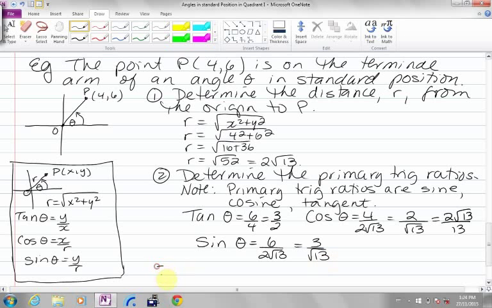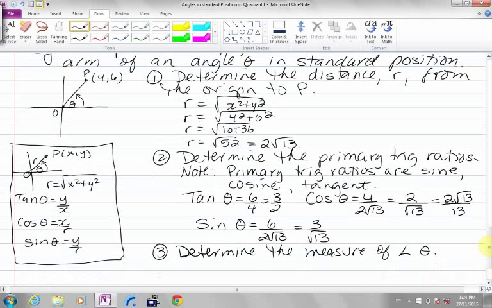Okay, the last thing that we're going to do is determine the measure of angle theta. Everybody's familiar with the symbol for angle? It's kind of like an L squished up a little bit.